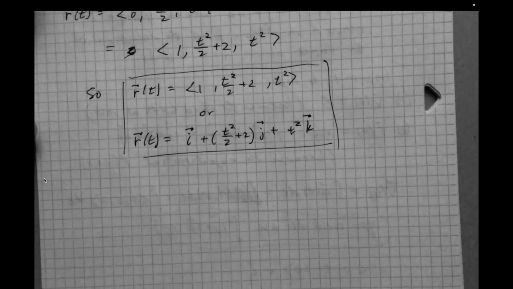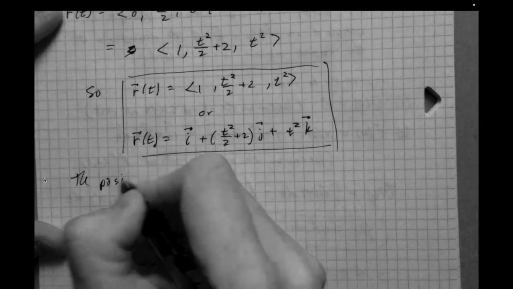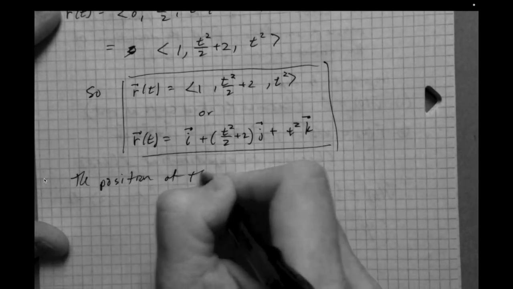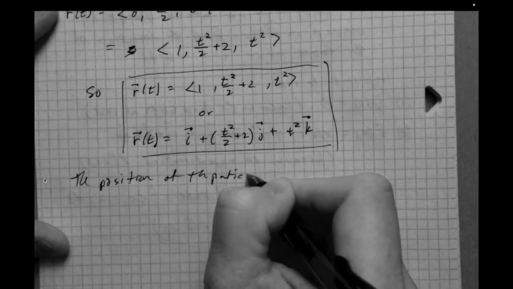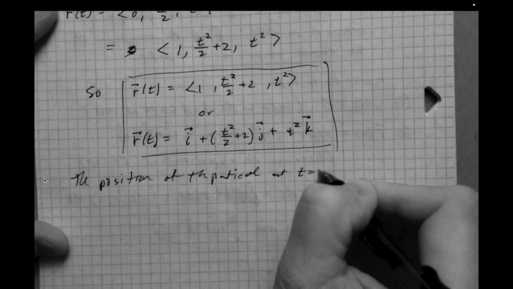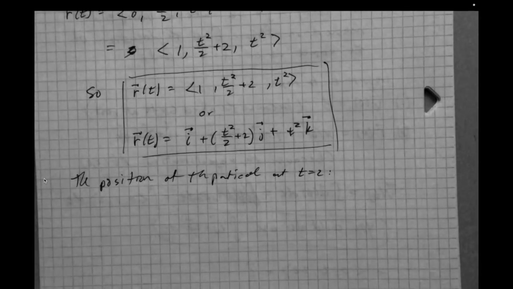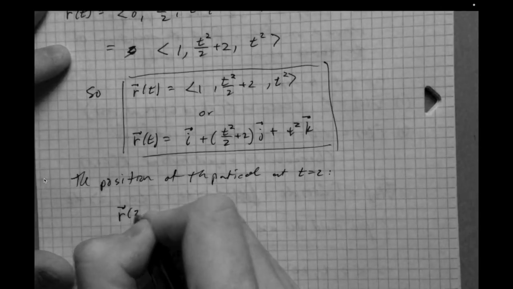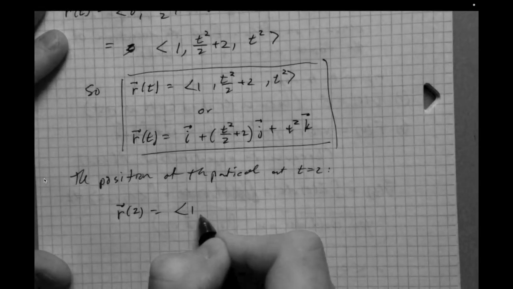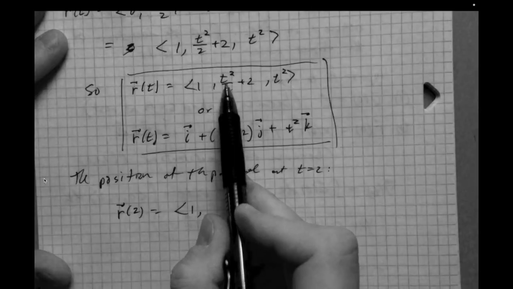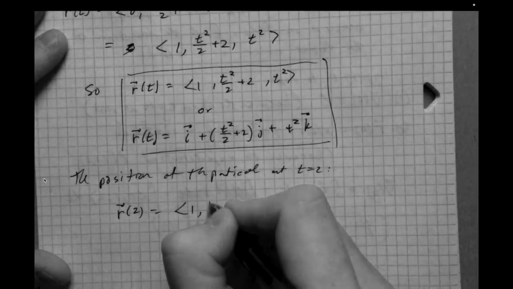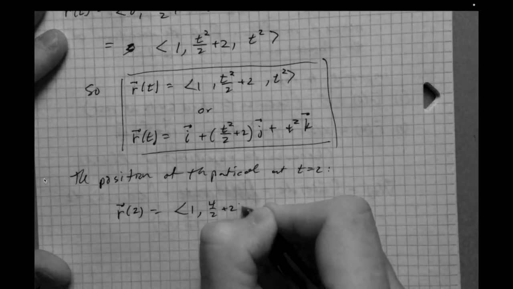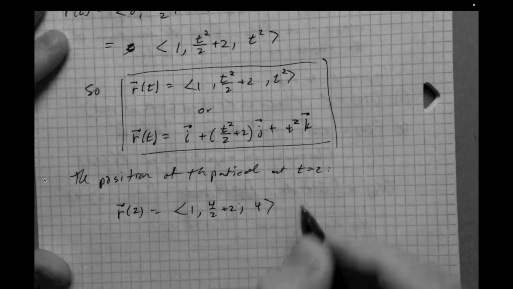Now, what is the position of the particle at t equals 2? Well, it's easy to find at this point. You just plug in a 2. So r of 2 would be 1, comma, and then this would be 4 over 2 plus 2, and then that's just 4.